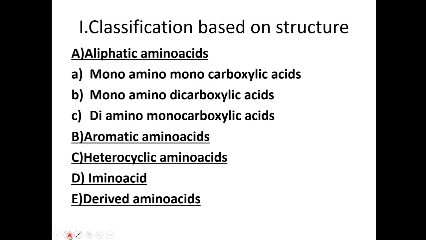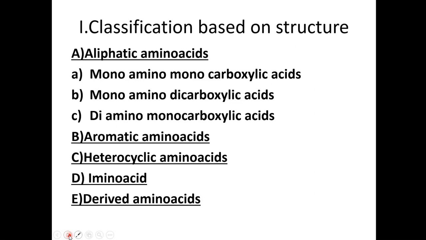Straight chain amino acids. All amino acids are organic compounds, and aliphatic amino acids are straight chain amino acids, and the subclassifications coming under aliphatic amino acids are monoamino monocarboxylic acid, monoamino dicarboxylic acid, diamino monocarboxylic acid.